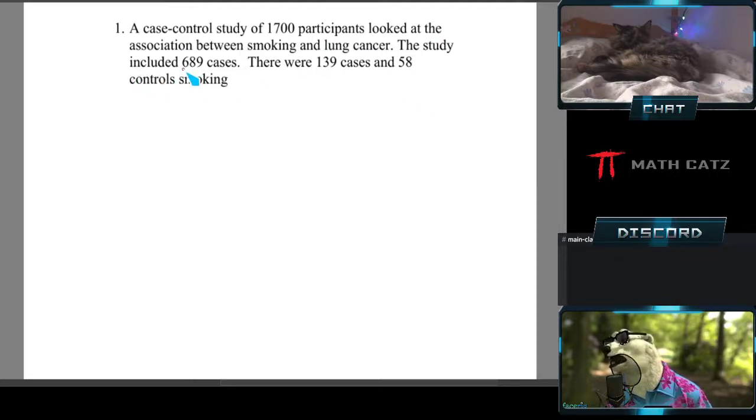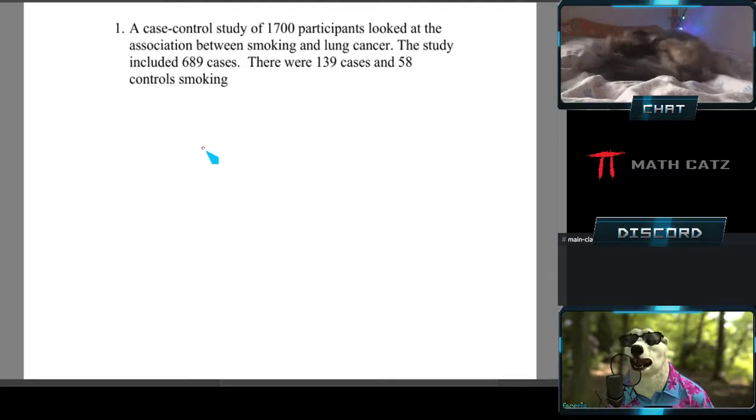The study included 689 cases of lung cancer, and of those, there were 139 cases smoking and 58 of the controls, those that don't have lung cancer, also still smoke and not get lung cancer. So I want to just do everything we discussed last time, all the statistics we can calculate.